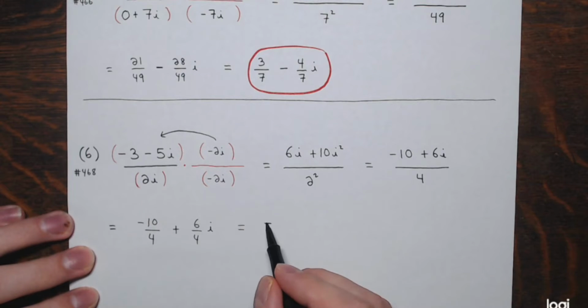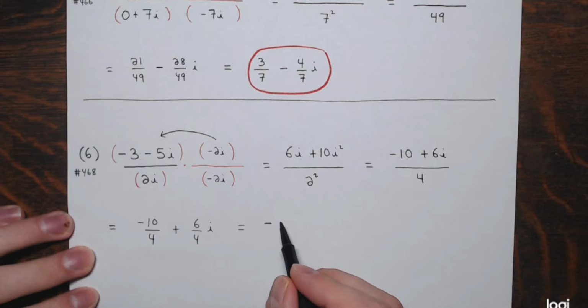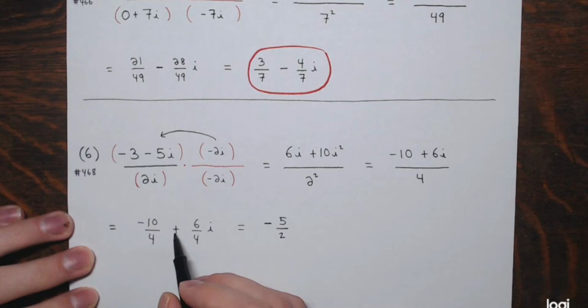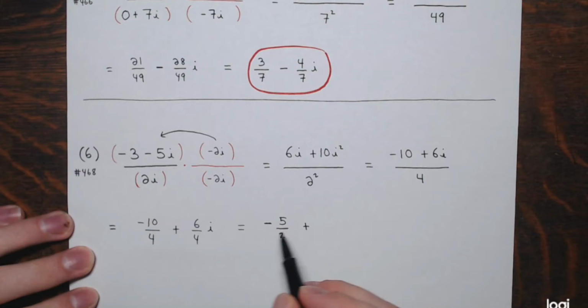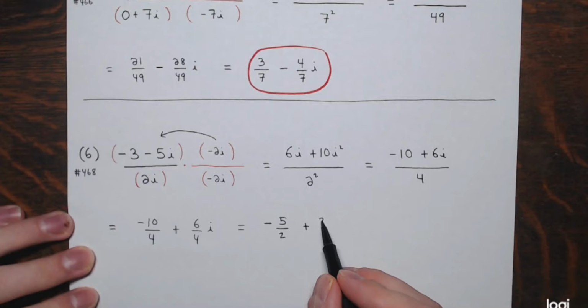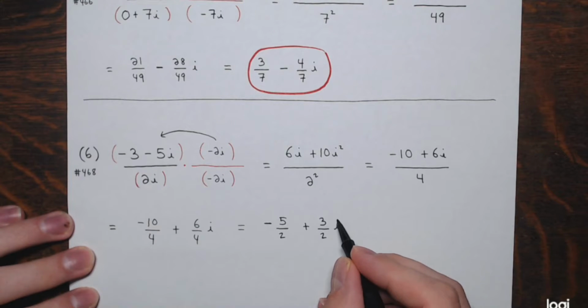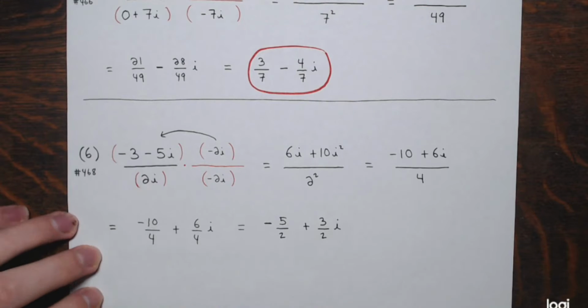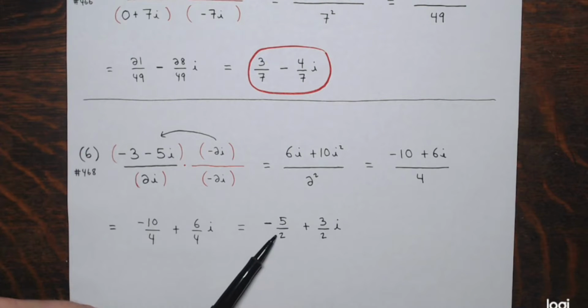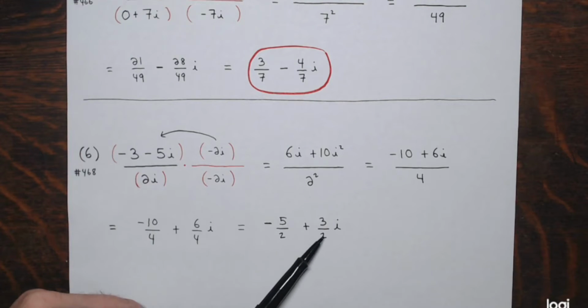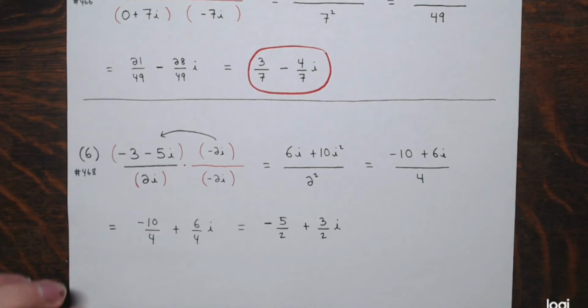Negative 10/4 would reduce to negative 5/2 or negative 2.5 if you want to write decimals. Plus 6/4 reduces to 3/2 or 1.5 if you want to write a decimal, times i. So negative 5/2 for the real term plus 3/2 times i for the imaginary term. Fantastic.